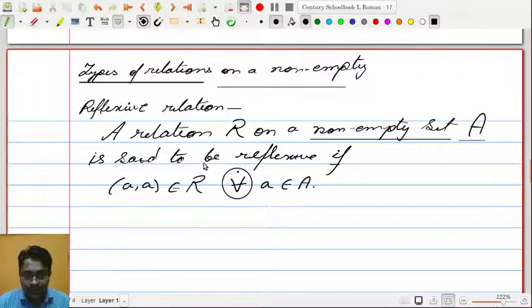Under what condition will a relation not be reflexive? I have already told you the negation of "for every" is "there exists".